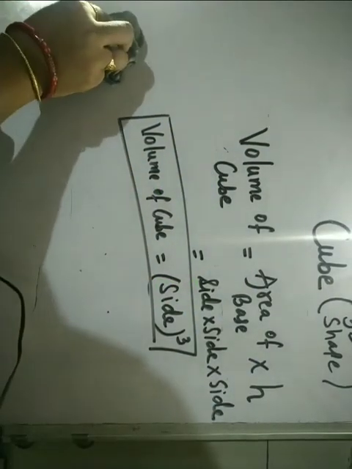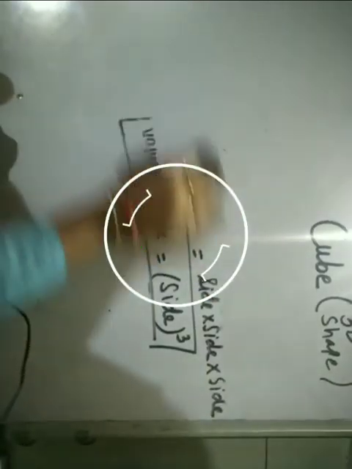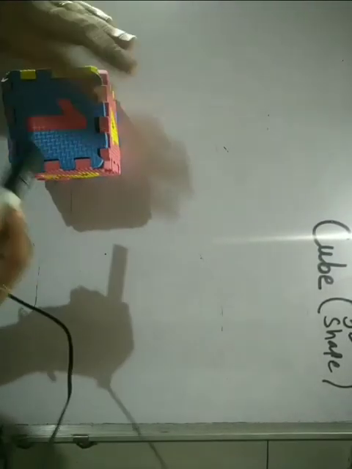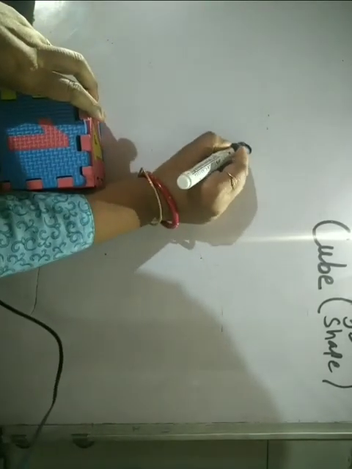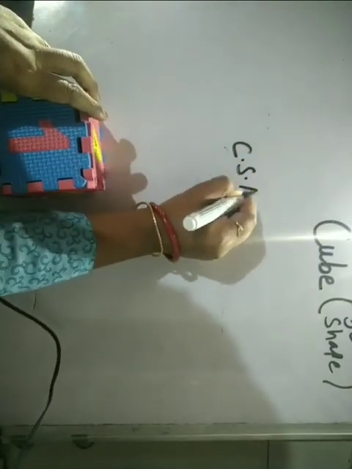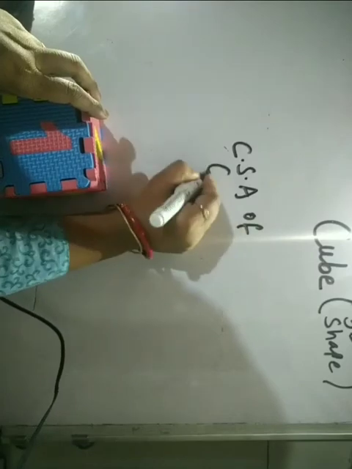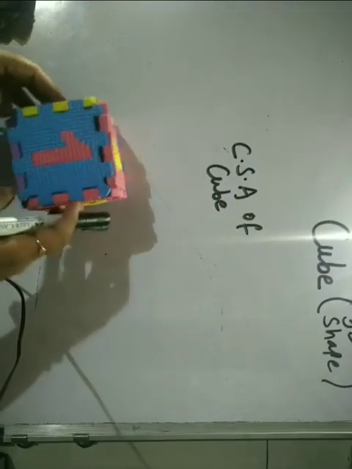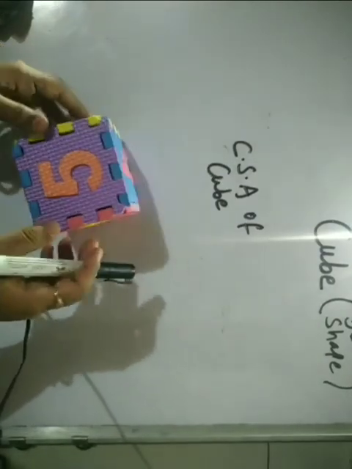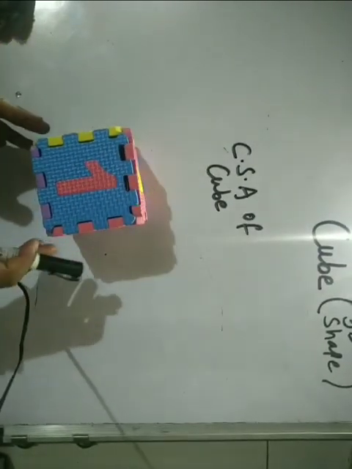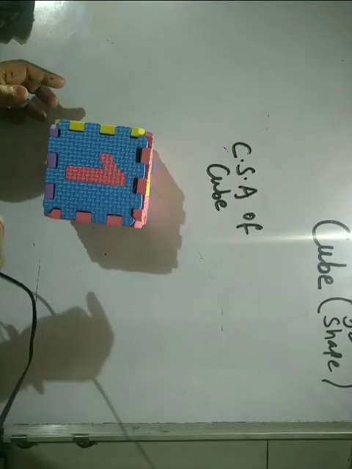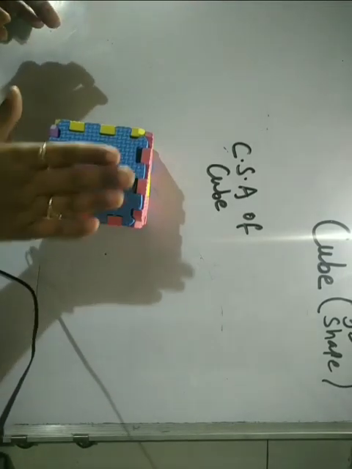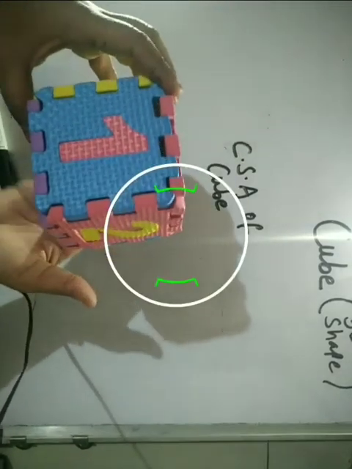Now after finding the volume, let's discuss its curved surface area. So I am writing the curved surface area of cube. Now students, we have seen that cube has a total of 6 surfaces. But while we are talking about its curved surface, we have to exclude the top and the bottom part.